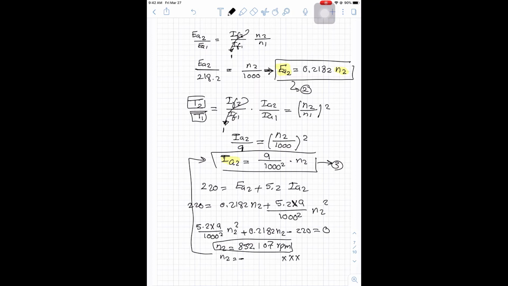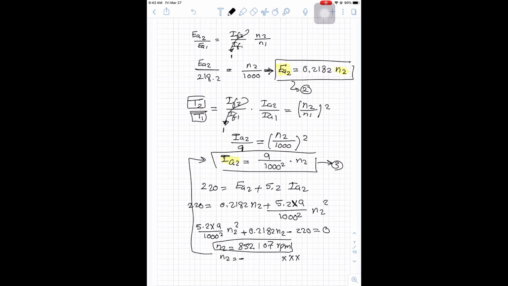So IA2 is 7.6 amperes. So now we have the value for IA2.